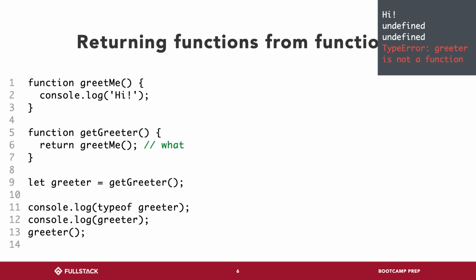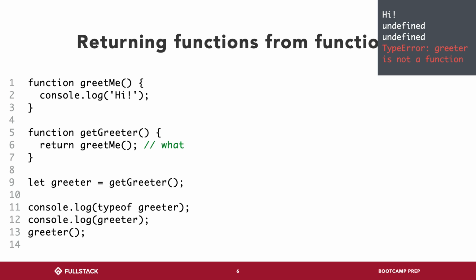Now it's invoked, it's not just the function, so this function runs. It doesn't return anything, it just console logs hi. You get the hi, but it implicitly returns undefined. So this is undefined.